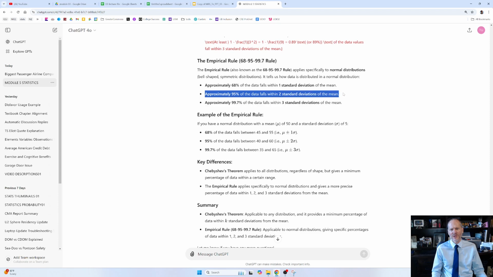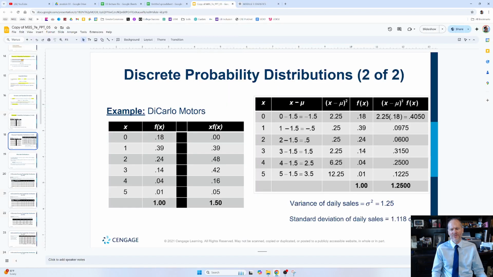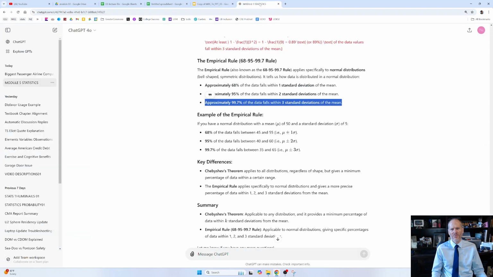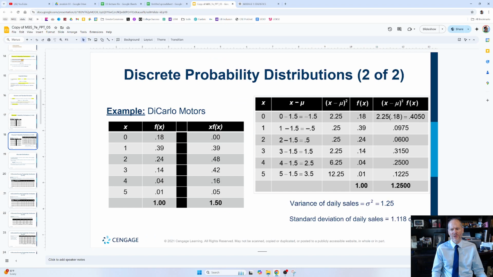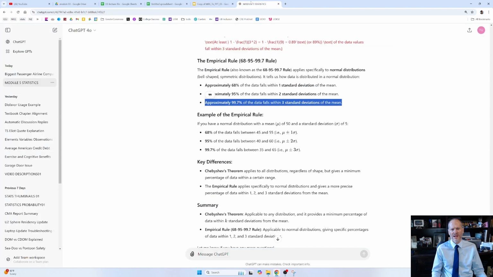So 95% of the data is within 2, and 99.7% is within 3 standard deviations. So 99.7% of our days, we're going to sell between -3 times this and +3 times this around the mean. And that will be 99.7% of our business. So from 0 cars all the way up to like 5 cars, which is what we have listed there. And that'll be 99.7% of the time.